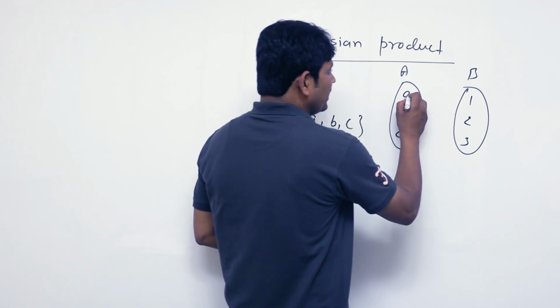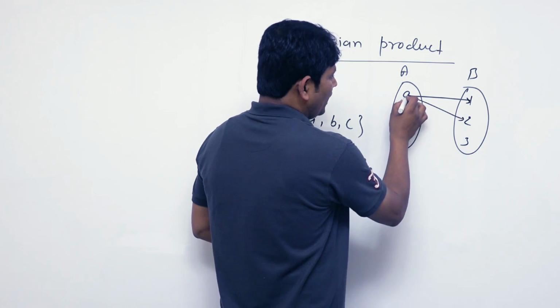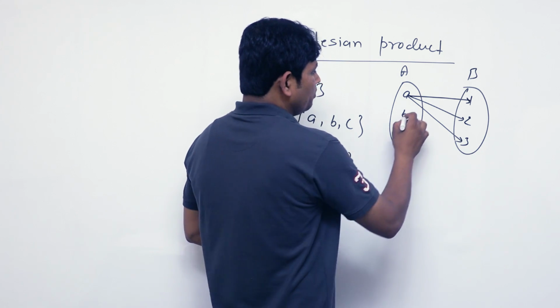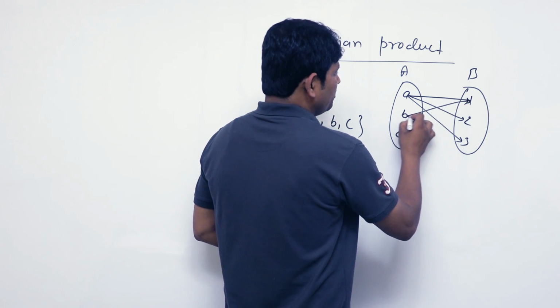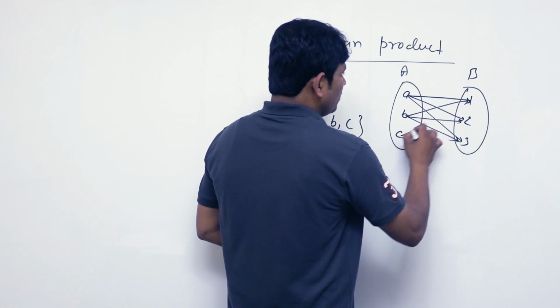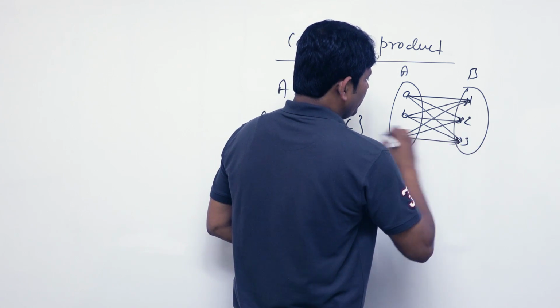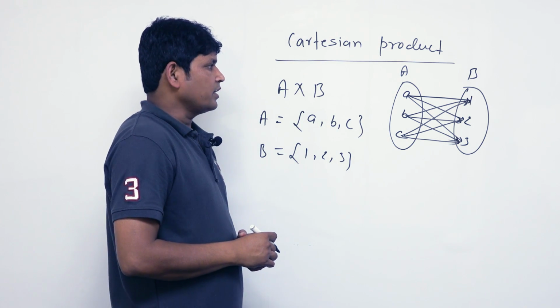So a is related with 1, 2 and 3, b is also related with 1, 2 and 3, and c is also related with 1, 2 and 3. This is called Cartesian product.